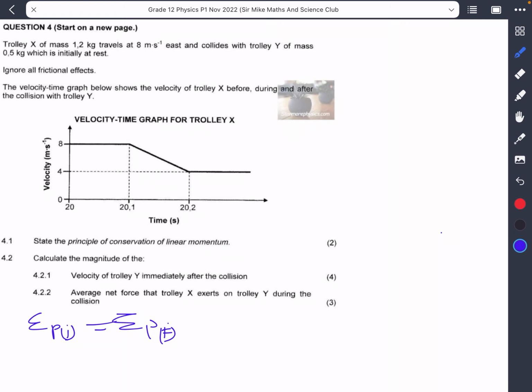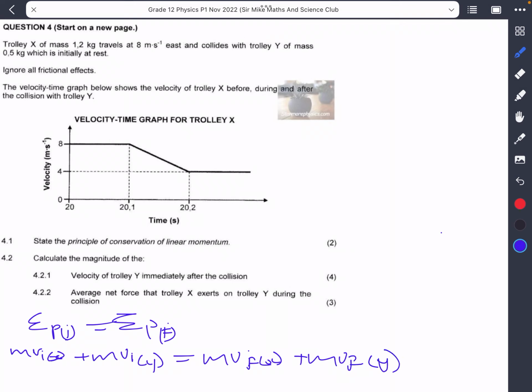We know that momentum is equal to mass multiplied by velocity, so this would be m v initial for trolley X, plus m v initial for trolley Y, equals m v final for trolley X, plus m v final for trolley Y.